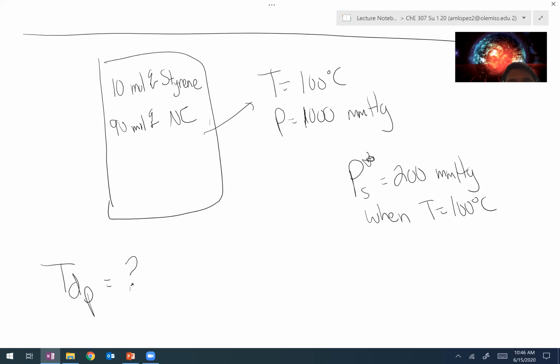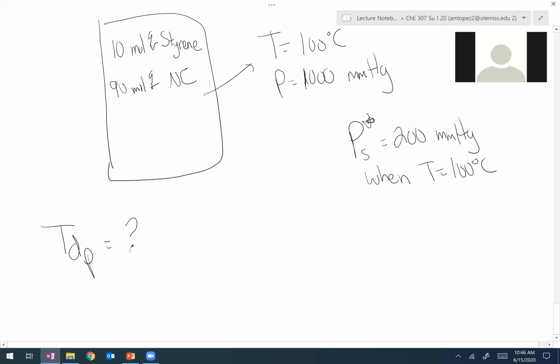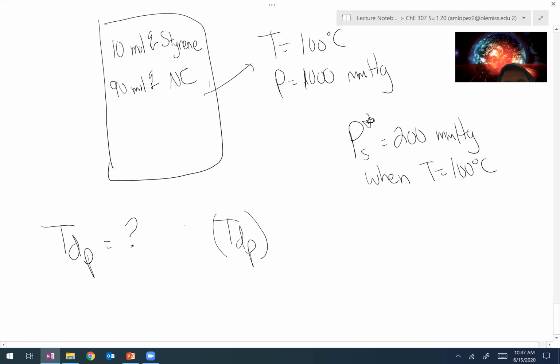Well, the dew point for styrene is the temperature where the saturation pressure is equal to the current partial pressure.